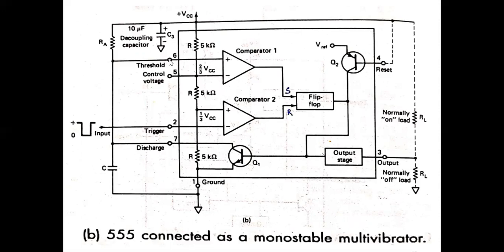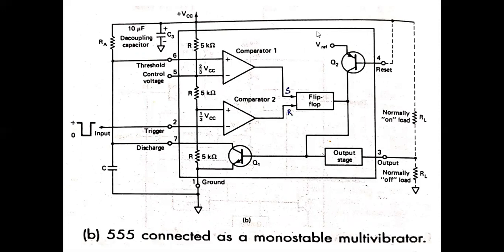As I said, pin number 6 is threshold, pin number 5 is control voltage, pin number 4 is reset, pin number 2 is trigger, pin number 7 is discharge, pin number 1 is ground, pin number 3 is output, and pin number 8 is VCC, right?